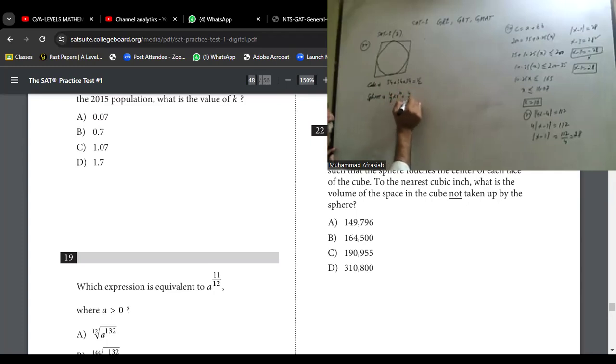That is 4 over 3, pi value is 22 over 7, and the radius of this sphere is 34, so the cube has 68, 68 into 68 into 68.